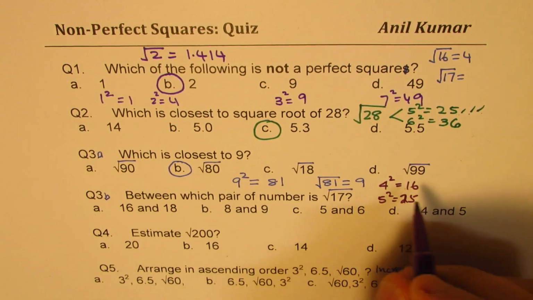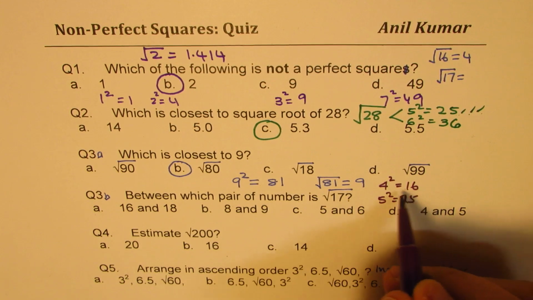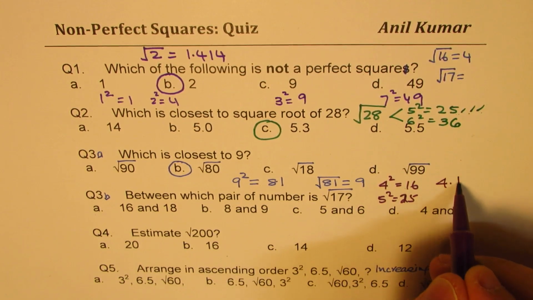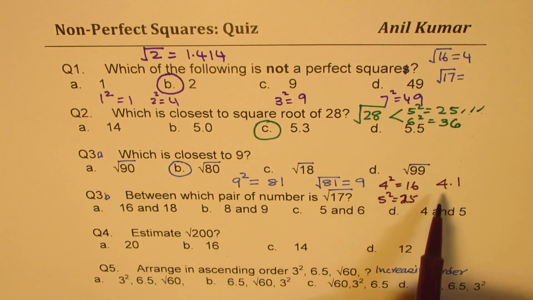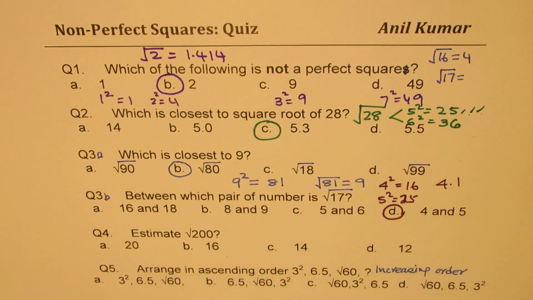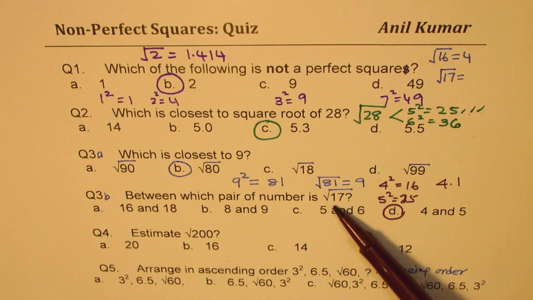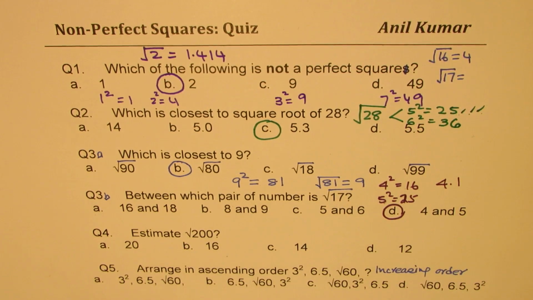Let me write 25. So 17 is just more than 16. So I think the choice should be 4.1, right? So 4.1 is between 4 and 5. So we get option D as the right option. Do you get the idea, right? So you could estimate like this. So look for squares when we are talking about square roots.